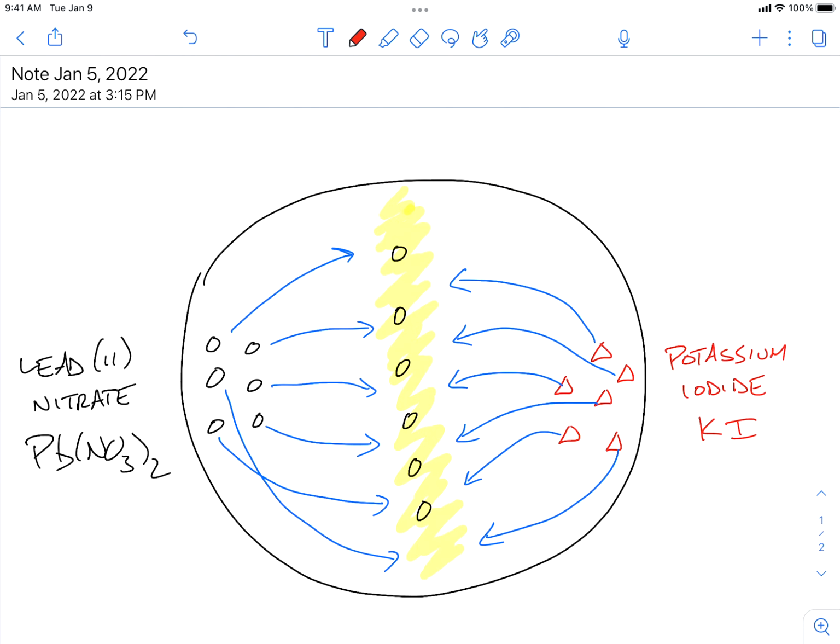So I'm going to draw a triangle attached to the circle, the triangle again being the potassium iodide particles. When I first started thinking about how I would draw this, this is the idea that I came up with.